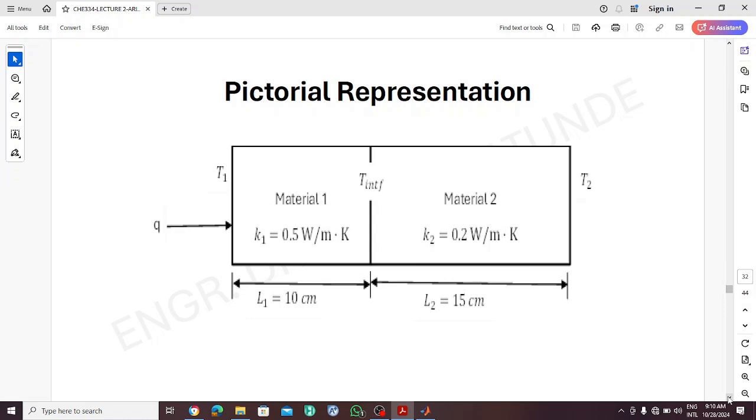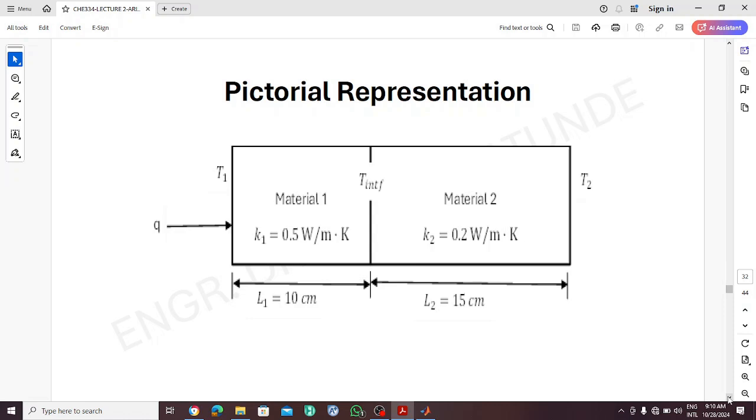So the first compartment, I've labeled it material 1, and I put the value of the conductivity for that material there. Then we have material 2 in the second compartment. Then what is joining them together is the interface. So it is that temperature that you want to know. I think I labeled that one INTF.